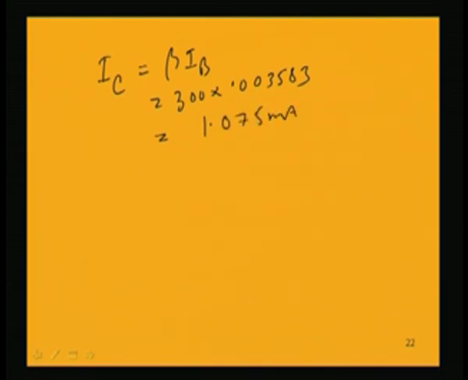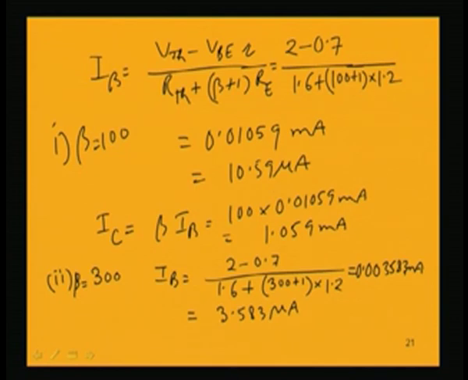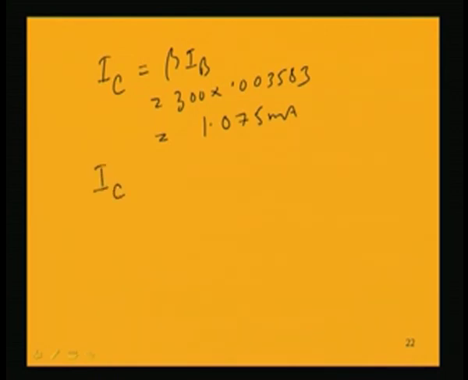So, this different value of beta gives different IB. So, IC will also be different. In this case IC is equal to beta times IB, equal to 300 into 0.003583, that will be equal to 1.075 milliampere. In the first case the collector current was 1.059 milliampere for beta equal to 100.